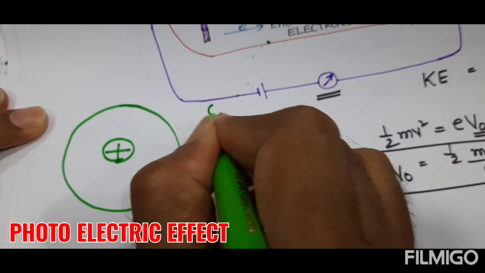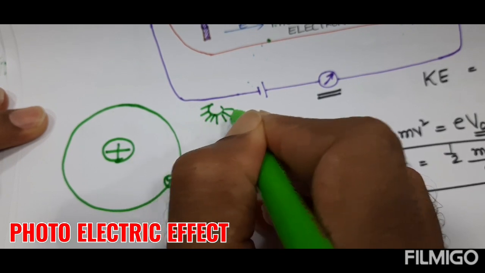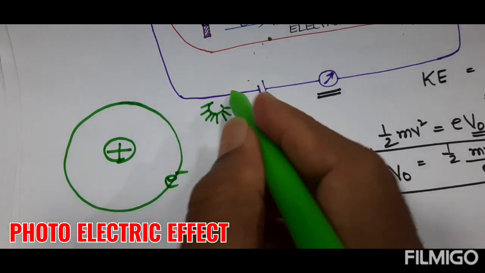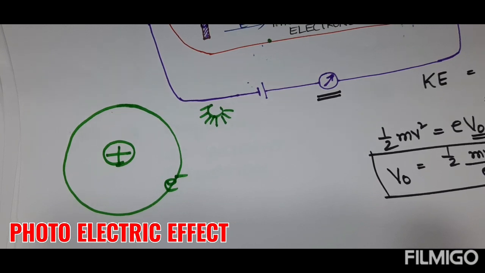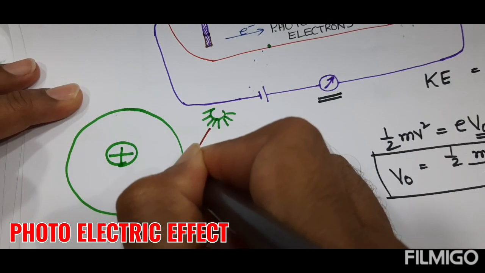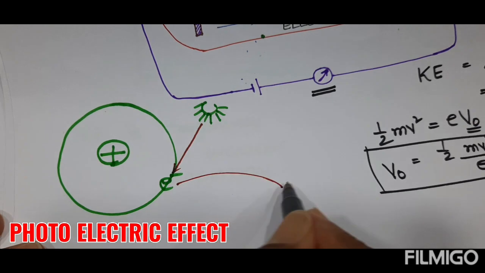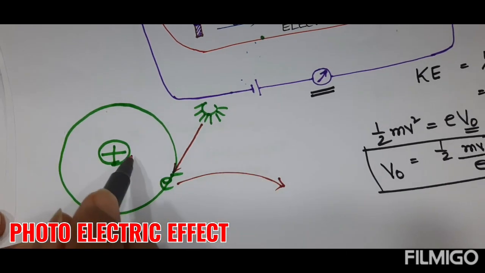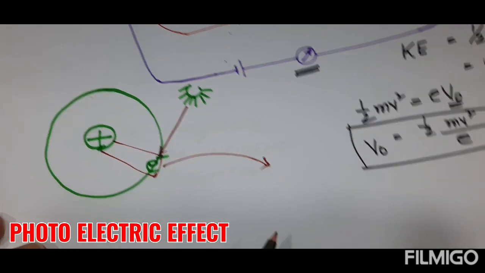This is the source. If the radiation falls on this electron, it is ejected out in general, but this electron is under the influence of the nuclear attraction, right?